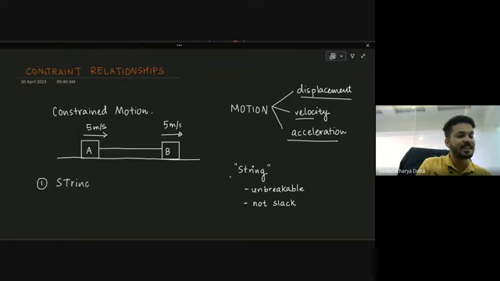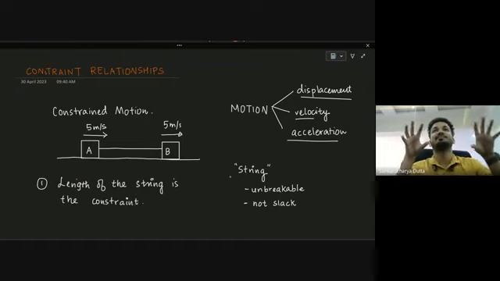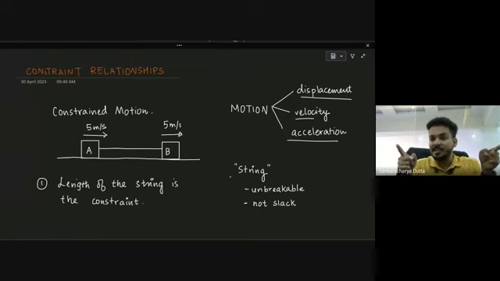string is acting like a constraint. String is the constraint, or rather I should say the length of the string is the constraint. Okay, this is the constraint that is governing the motion of A and B. The length of the string being constant is not allowing block A to move at a faster or slower speed, other than 5 meters per second.